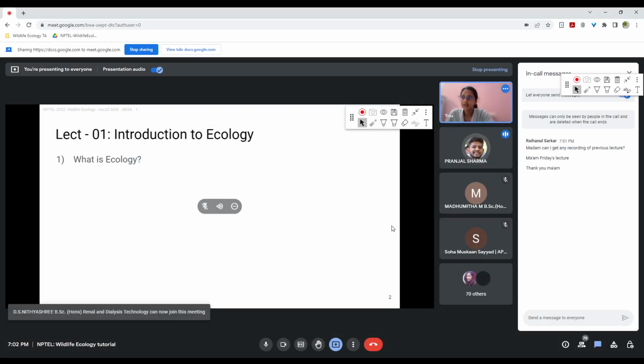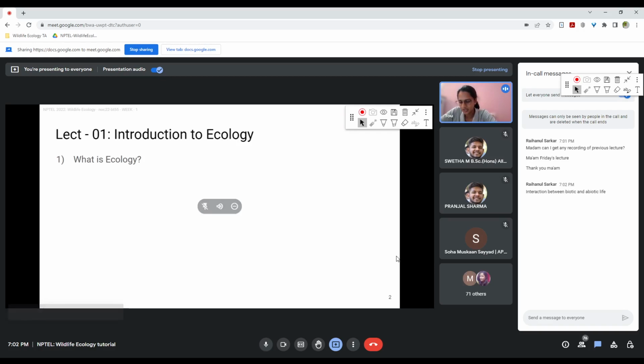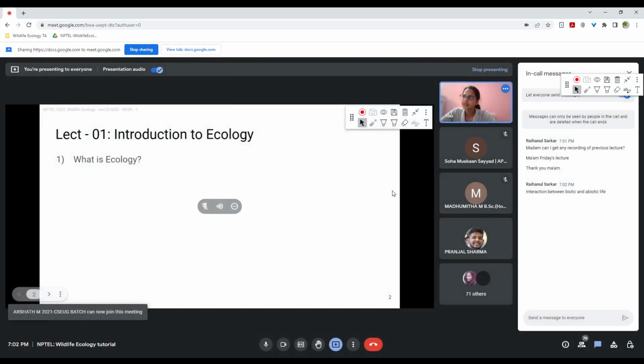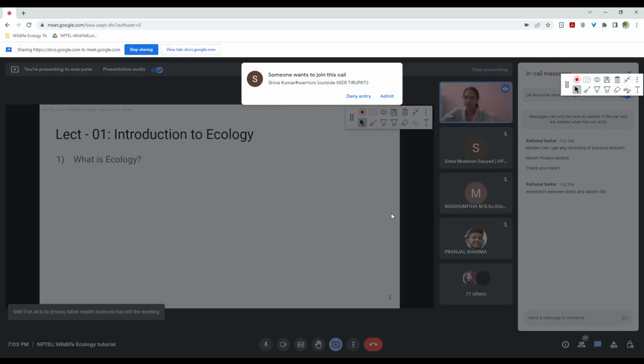All right. In the ecosystem. Correct. That's a very good point that you have brought straight away. Abiotic and biotic factors, interaction. Correct. That is a really crucial word that you have brought up, Pranjal.